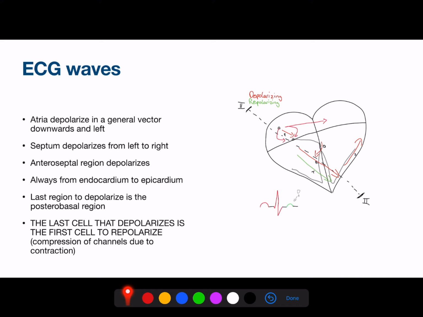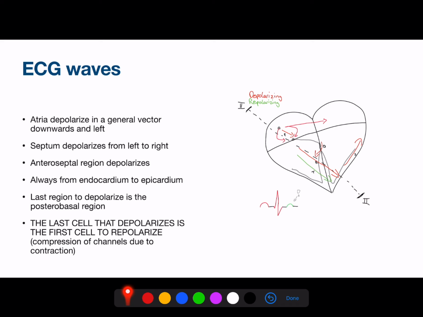Then we have the depolarization of the ventricles, which is the Q, the R, and the S wave. The Q wave is the septum depolarization from left to right, which is normally a little bit negative if we use lead 2. Then we have the R wave going up because it goes in the direction of lead 2, or in the direction of the positive electrode.